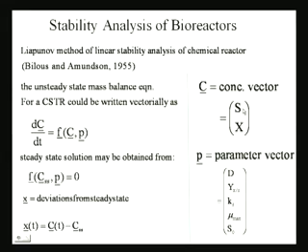One is a substrate S and the other one is a cell X. And the P vector is a vector of parameters which consists of the following elements: D, the dilution rate; Y, the yield ratio of X over S; Ks, the Michaelis kinetic constant; mu max, the maximum growth rate; and S naught, the initial concentration of the substrate. So these are the variables that P consists of.